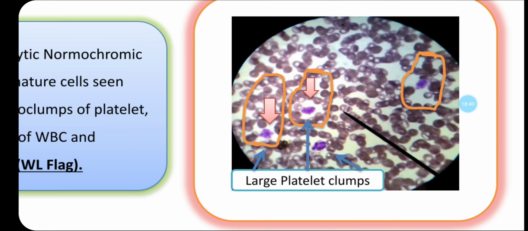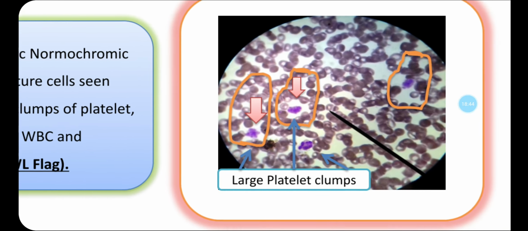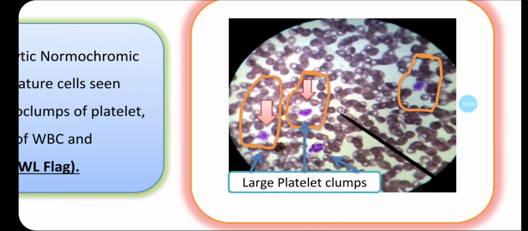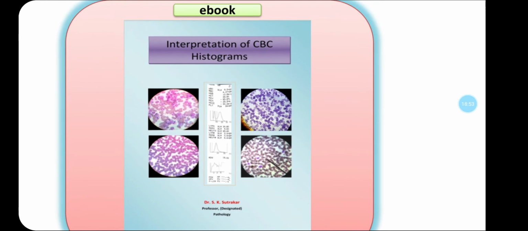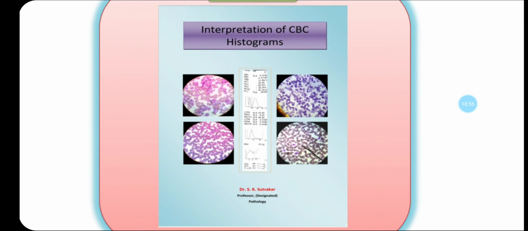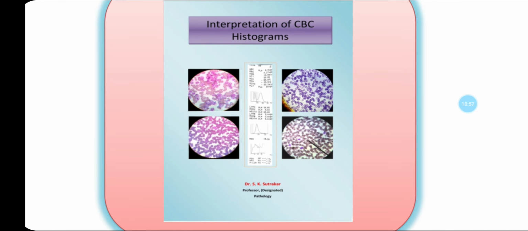That's why the platelet count is very low in this patient. This is a very important finding, and you can appreciate it on the microscope picture. This is how we can differentiate these cases of pseudo thrombocytopenia.